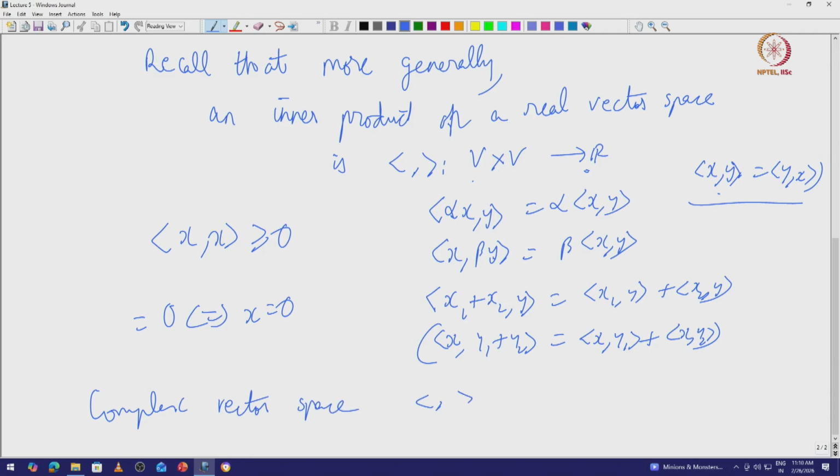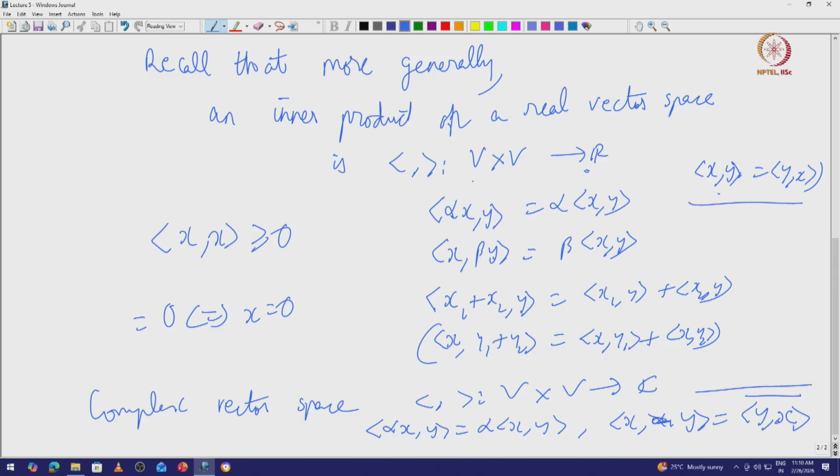Here, the inner product is again a map from V cross V to C. This time, though, alpha x y is alpha times x y, but the key point is x dot y is not y dot x, it's y dot x bar.